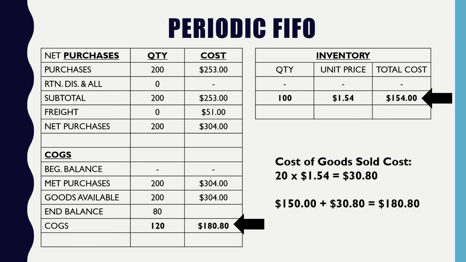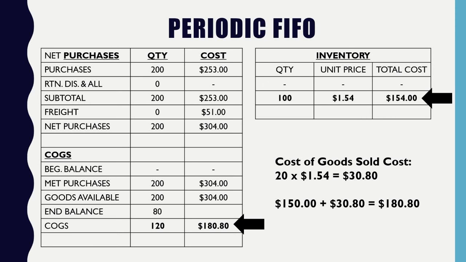Now this is where you have to calculate the quantity times the cost per item. You're going to take 20 and multiply it by the $1.54, because that's the cost per item for the second batch, and you're going to get a grand total of $30.80.